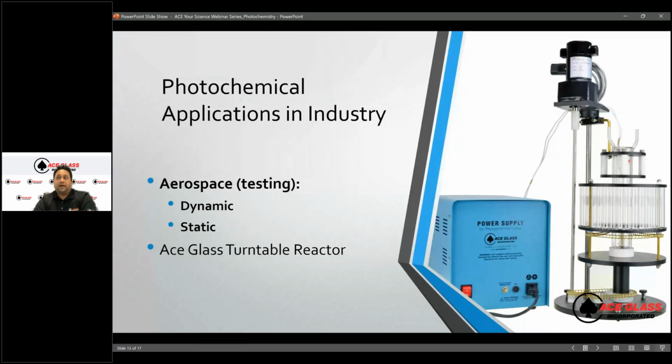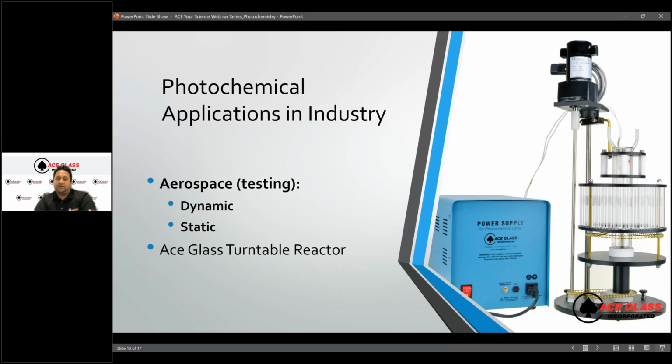The applications of photochemistry aren't just limited to biological systems or organic chemistry, but they're also applicable in inorganic applications. One area that, again, I'm familiar with, and not to toot my own horn, is aerospace testing, especially with adhesives. There are adhesives out there that need to be tested based on UV cycling, whether it's dynamic or static, at high altitude.